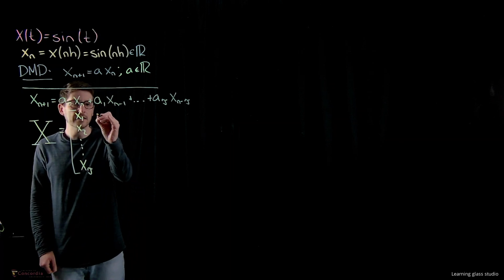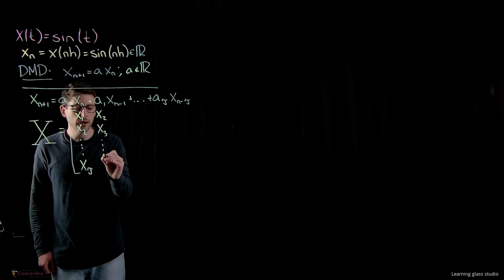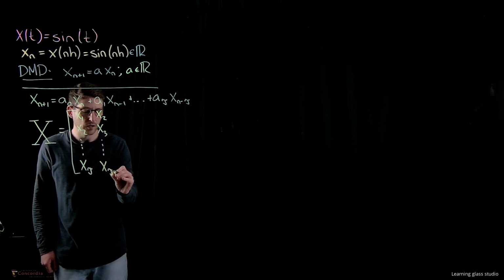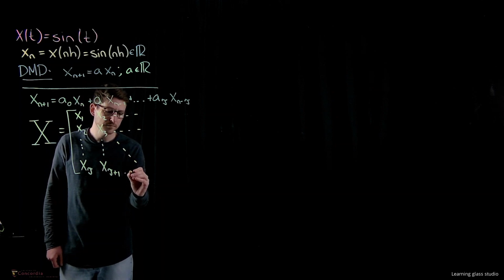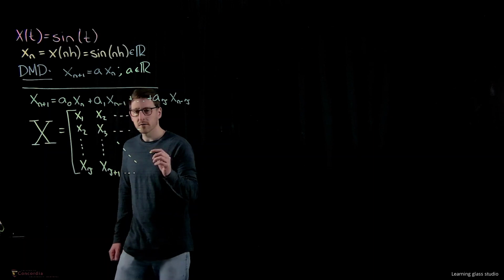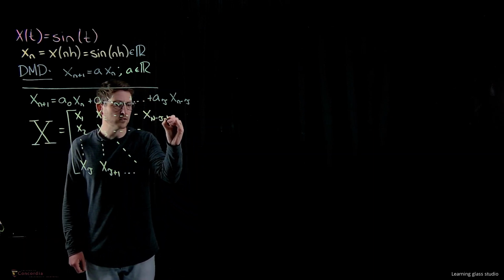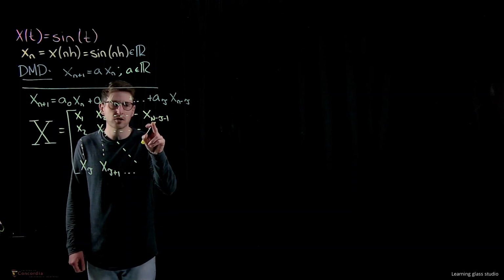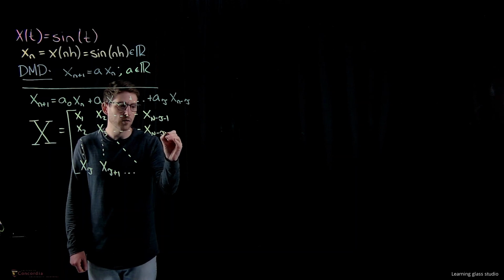And then in the next column, x2, x3, all the way up to x tau plus 1. And along every single row and column here, I'm advancing by some amount of time. So let's say this goes up to x of n minus tau minus 1. Capital N will be how many time points we have. x of n minus tau minus 2.